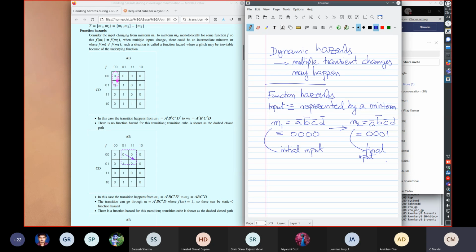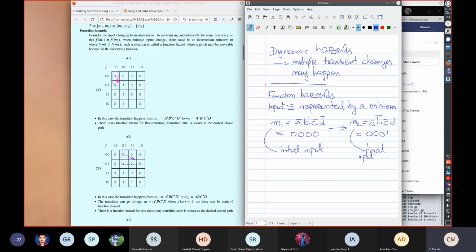Here these two cubes are adjacent to each other, so the input change is monotonic.